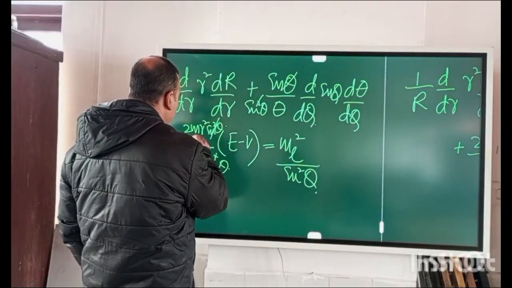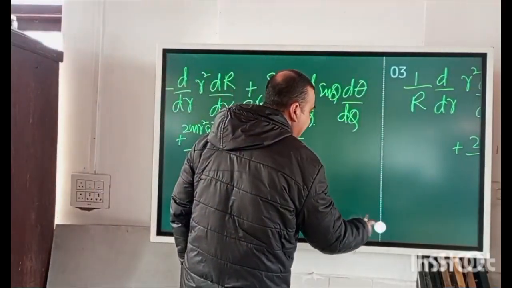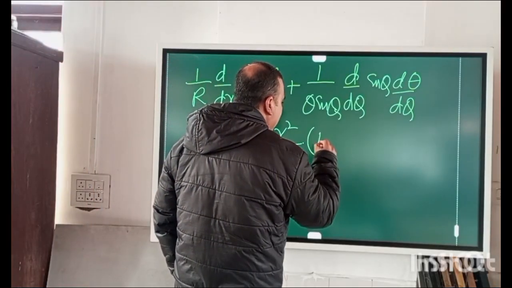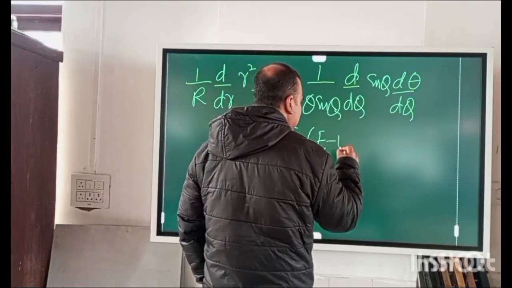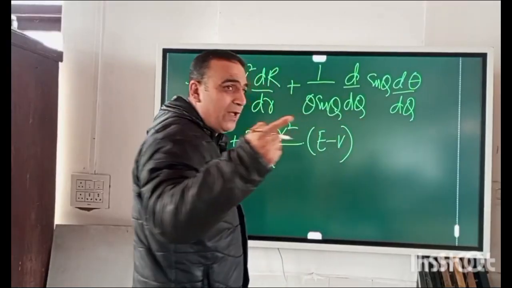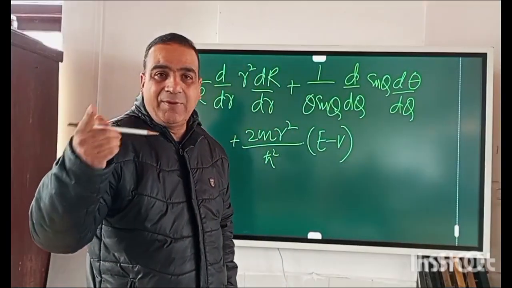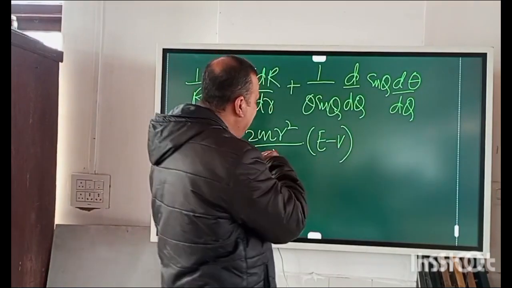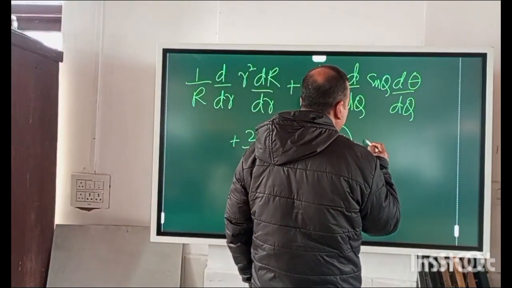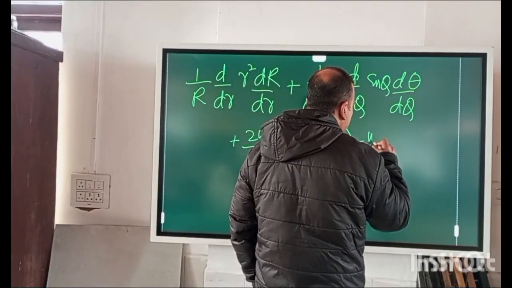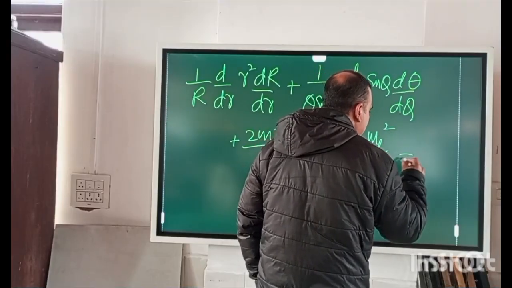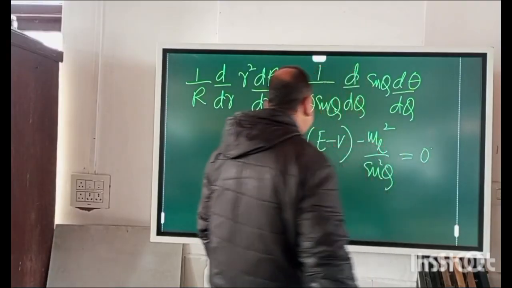This is equal to what? m_l². But I have divided that m_l² also by sin²θ. I will shift that to the left-hand side, so that will become minus m_l²/sin²θ is equal to 0.